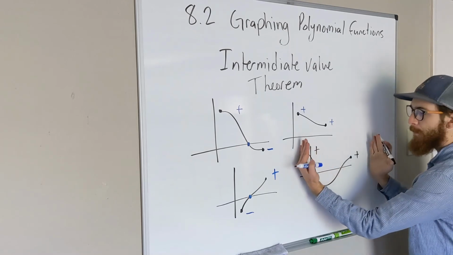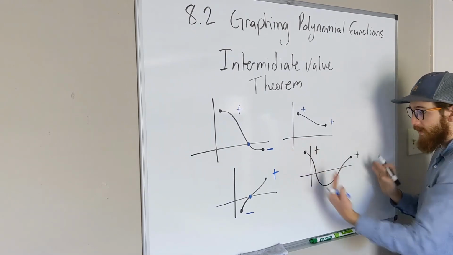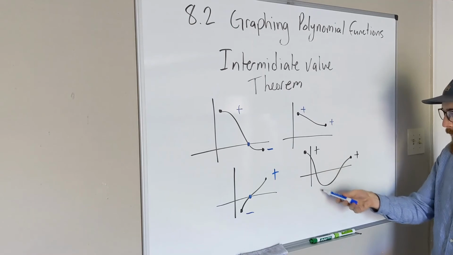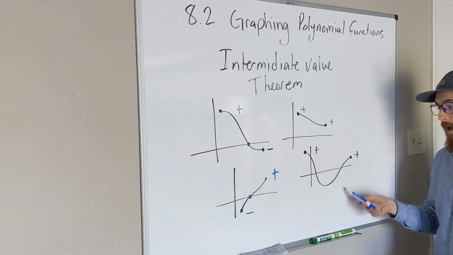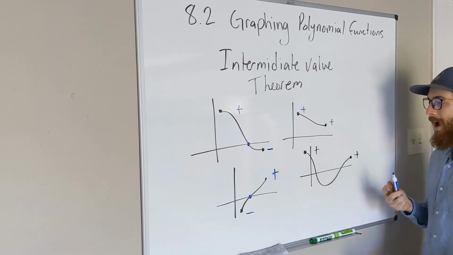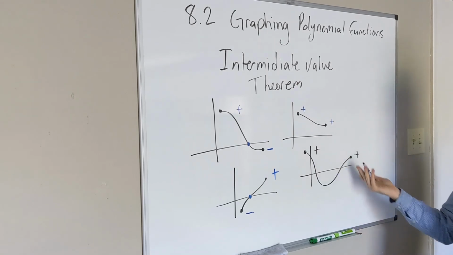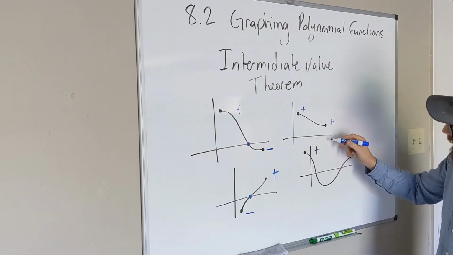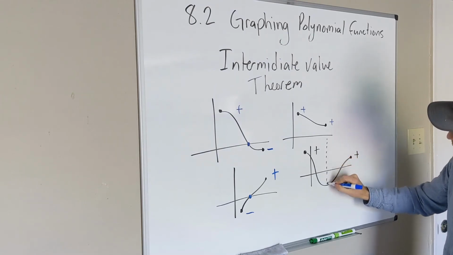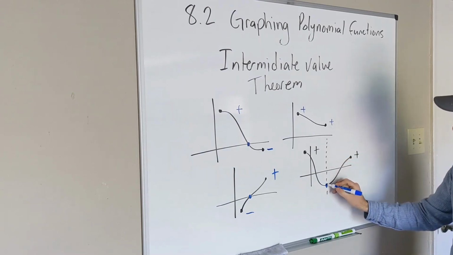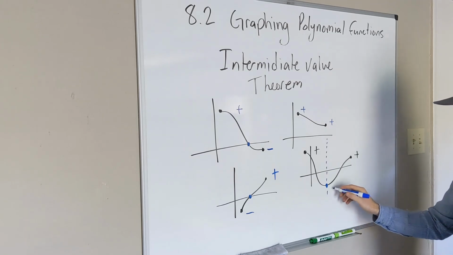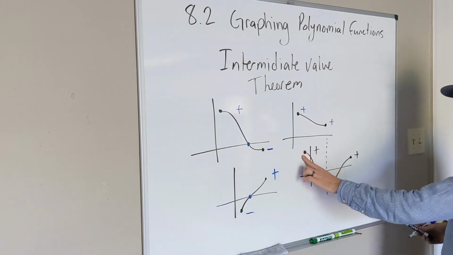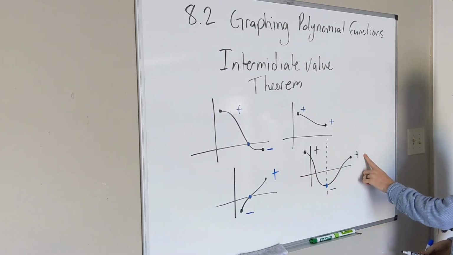But because I picked values that are too far apart, I missed that information. So I would look at this and I would say, oh, it doesn't have any zeros between these 2 points. But if I divided that in half and I picked a halfway point, then I would say, oh no, I missed a lot of data because this is actually positive, negative, positive.